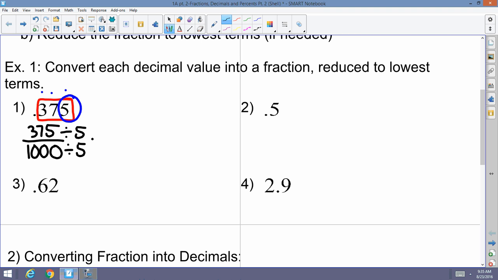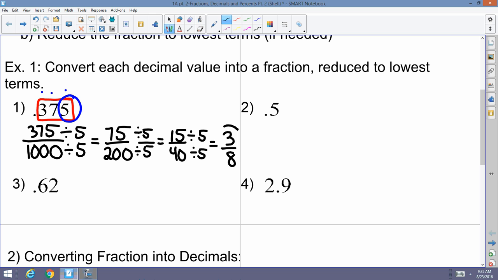We could divide by a greater factor, but sometimes you don't know the greatest common factor, so I'm going to show you how to do it from scratch. 375 divided by 5 is 75. 1000 divided by 5 is 200. 75 and 200 are also divisible by 5, so we divide both by 5, giving me 15/40. Then we divide the numerator and the denominator by 5, which gives me 3/8, which is 375 thousandths in reduced fraction form.